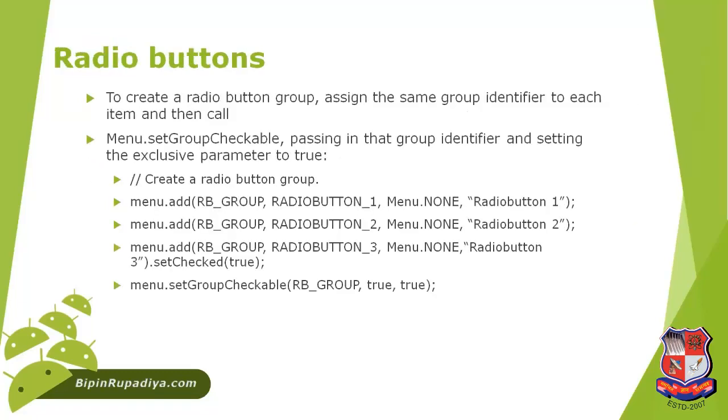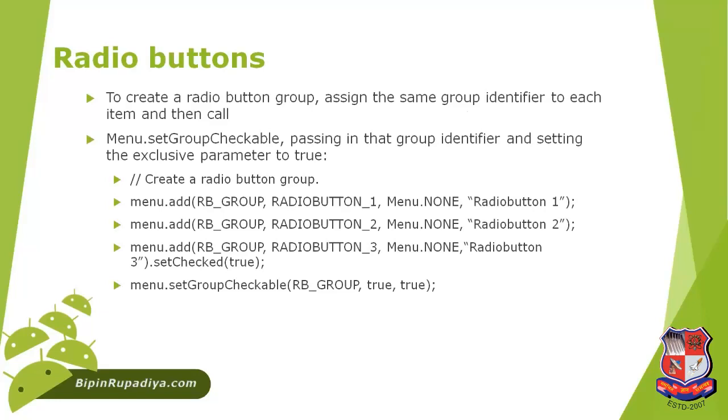Another thing, if you wish to create radio buttons, you can create those in a menu item too. When creating a radio button, we first need to create a radio group, and within that we can pass the radio buttons. Otherwise the radio button will behave like a checkbox.